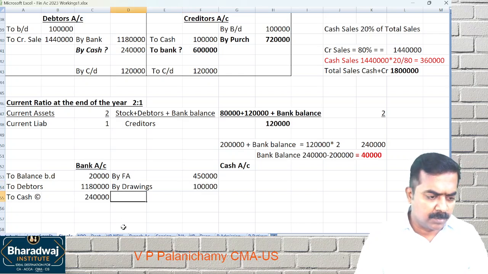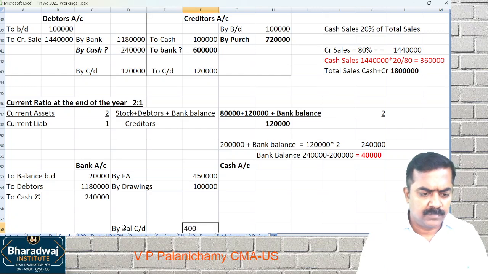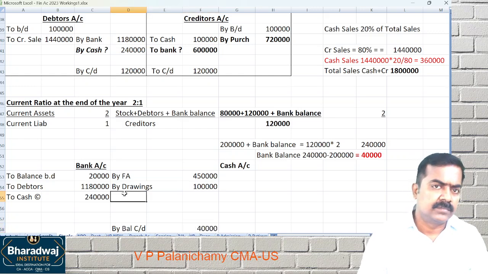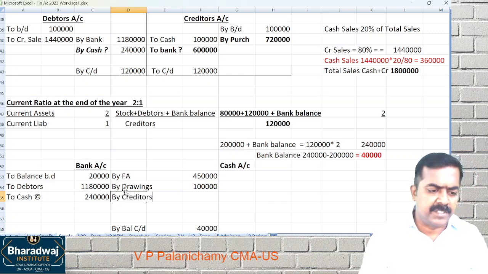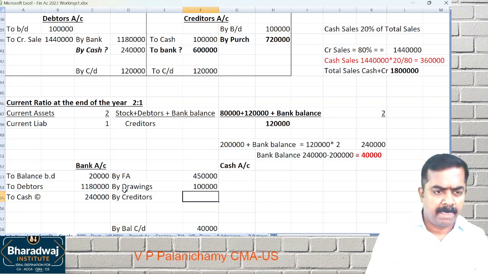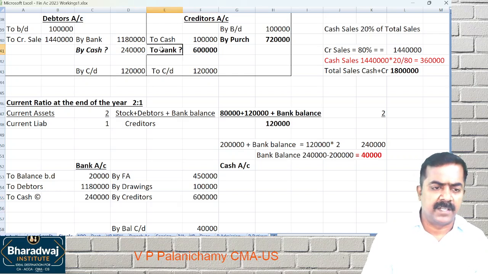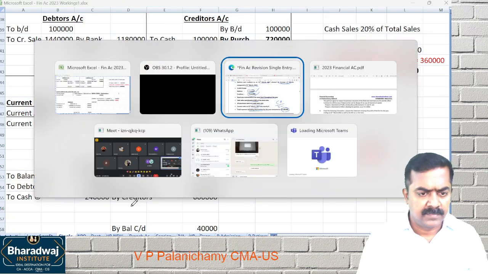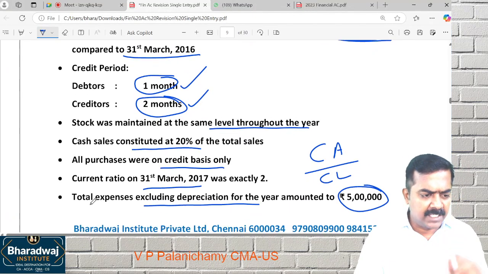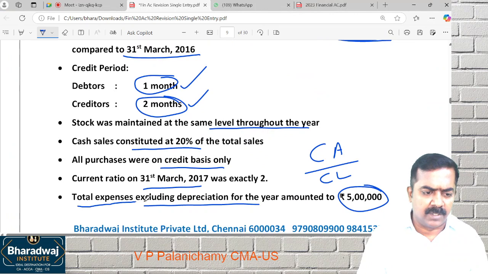Closing balance வேற work out பண்ணிருக்கோம், 40,000. அப்புறம் creditors payment by check, 6 lakhs that we worked out as a balancing figure from creditors account. அப்புறம் இந்த expenses வந்து cash-ஆ bank-ஆனு சொல்ல, total expenses-னு சொல்லியிருக்காங்க. We'll see.